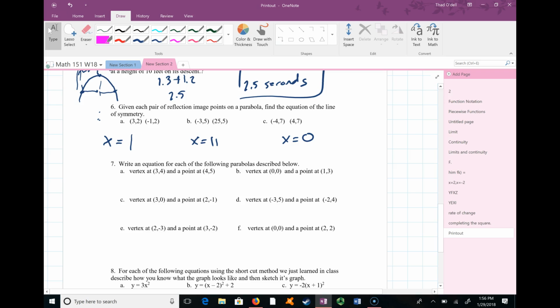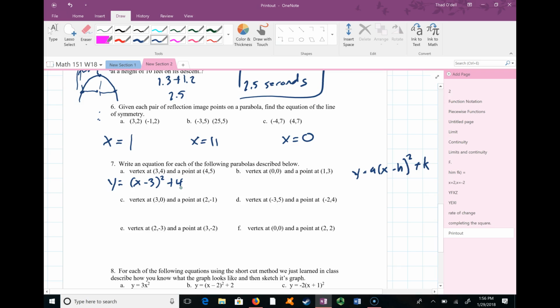So we're keeping in mind this equation, y equals a times x minus h squared plus k. And of course the vertex provides the h and k for us, so we know that this is y equals something times x minus 3 squared plus 4.